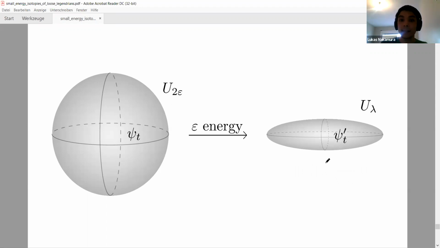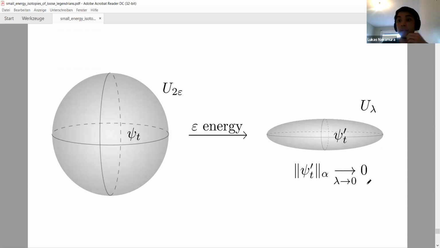And you will see that in the limit, as you let this lambda go to 0, the energy will converge to epsilon if you choose appropriate contact isotopies. And the second important point is that the energy of this isotopy psi prime will go to 0 as you let lambda go to 0.